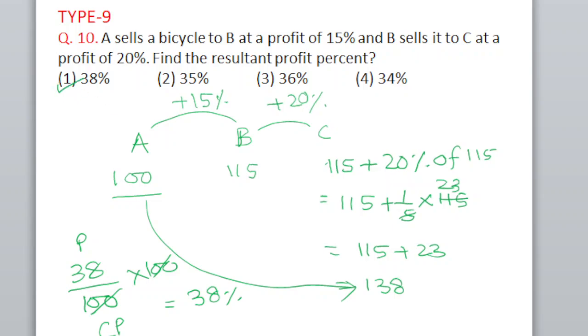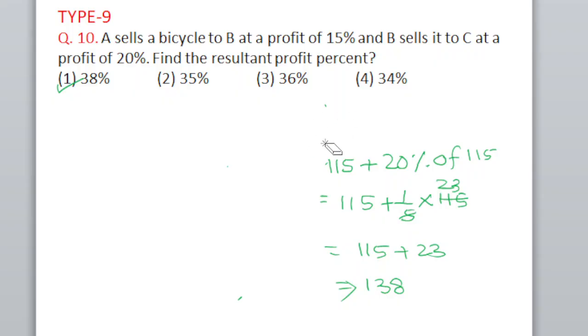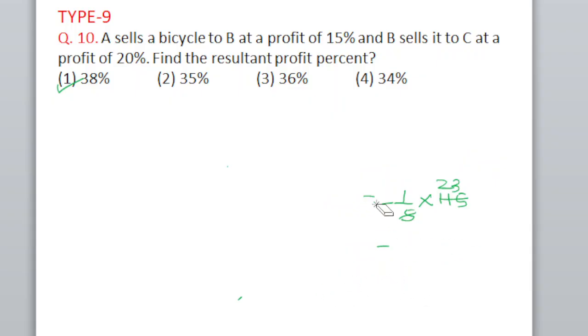But listen, there is a simple formula for this and you can use that formula. Then what is that formula? Now listen, here A sells a bicycle to B at a profit of 15%.